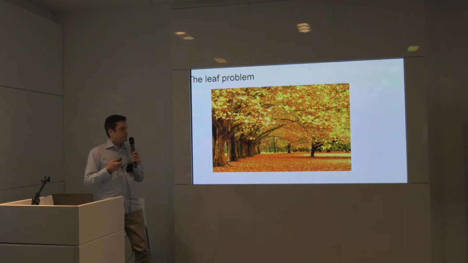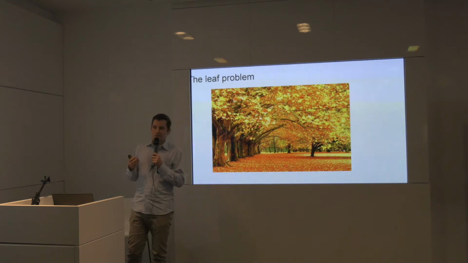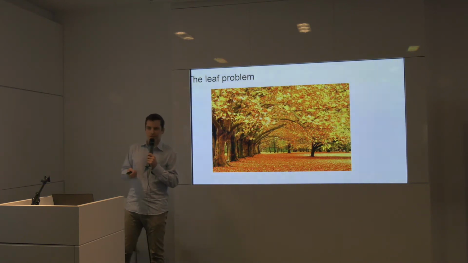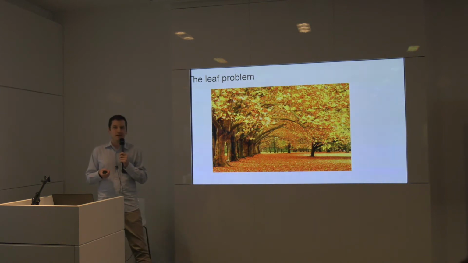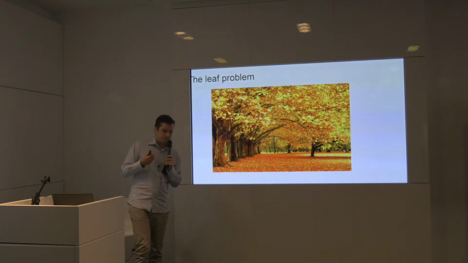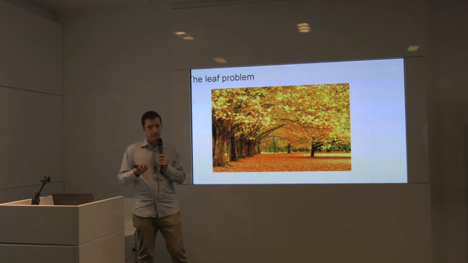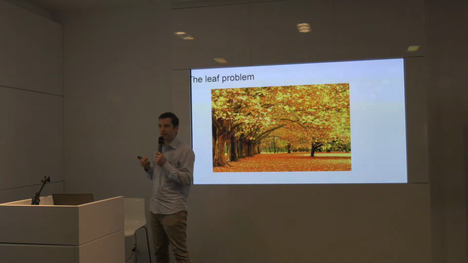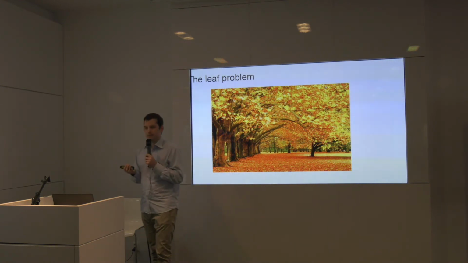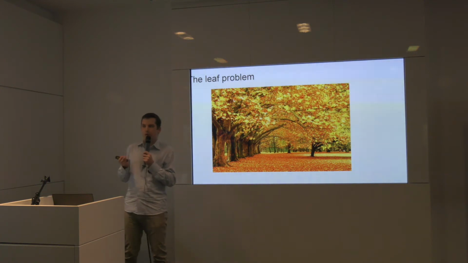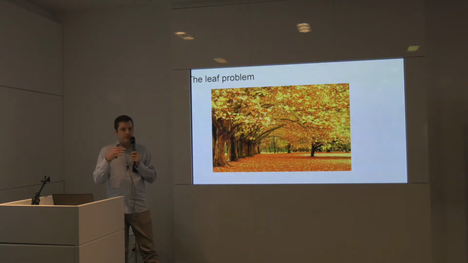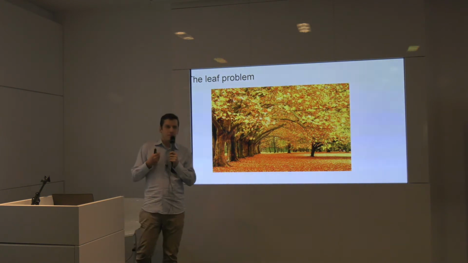And there's, actually the authors of the paper I'm going to refer to called it the leaf problem. It's a problem that when I'd like to learn something, there are things that I cannot affect. No matter how I move or what I do, the leaves just move around and so on. So it's a problem of effective exploration.